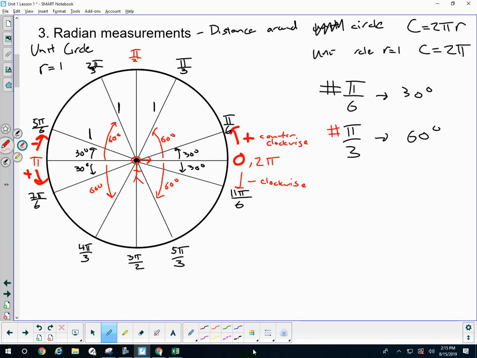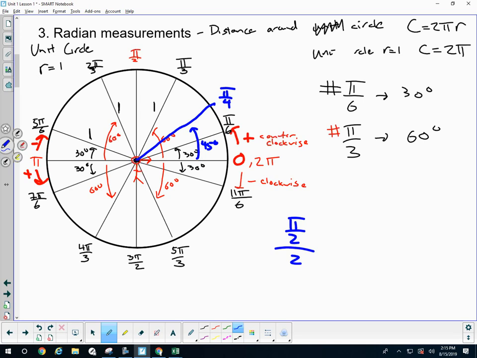Okay? One other we did not talk about is if I took this 90 degrees here from 0 to pi over 2 and I split it in half. What's 90 divided by 2? 45. What's pi over 2 divided by 2? Pi over 4. Beautiful. So this angle right here, which creates a 45-degree reference with the x-axis, is pi over 4.